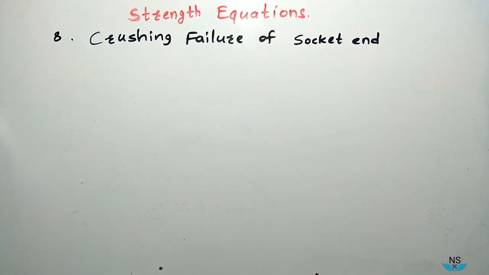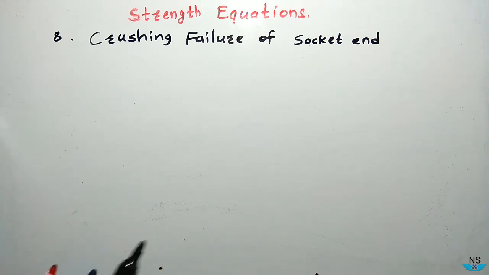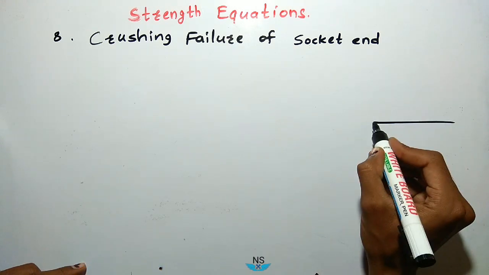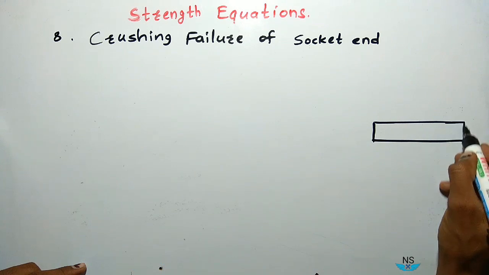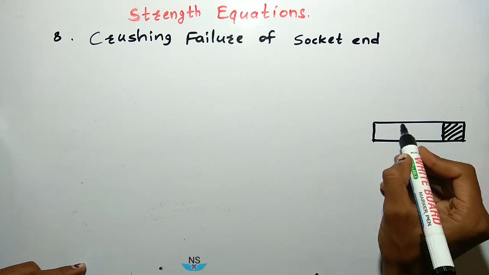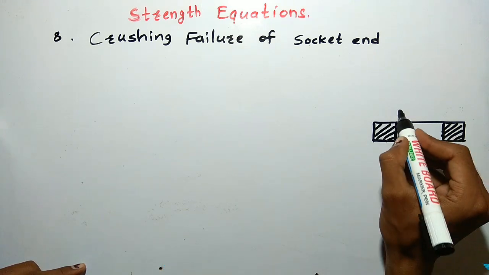Now the eighth type of failure is crushing failure of socket end, where the crushing failure will take place in socket at that section where cutter touches the socket. So where cutter touches the socket, at the collar, cutter touches the socket collar here.